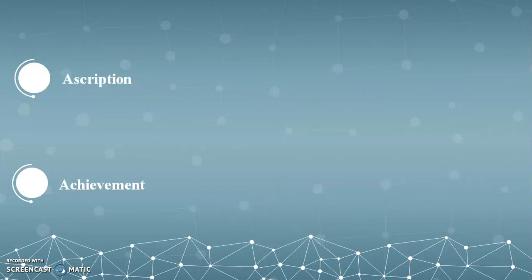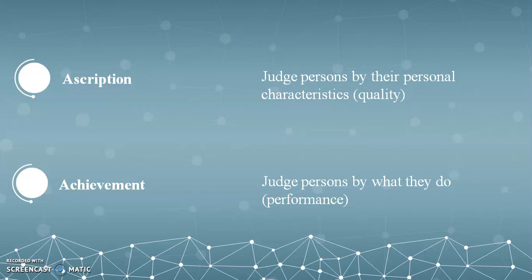Ascription versus achievement. This dichotomy can also be called quality versus performance. Ascription is known as quality and achievement is known as performance. Ascription means judging a person based on their personal characteristics.